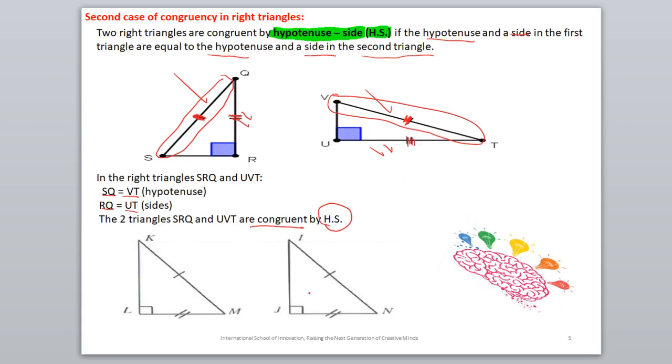Look at these two triangles, KLM and IJN. This side is equal to this side, so let me write it here. KM, given, equal to LN, between brackets, hypotenuse. Again, LM equal to JN.